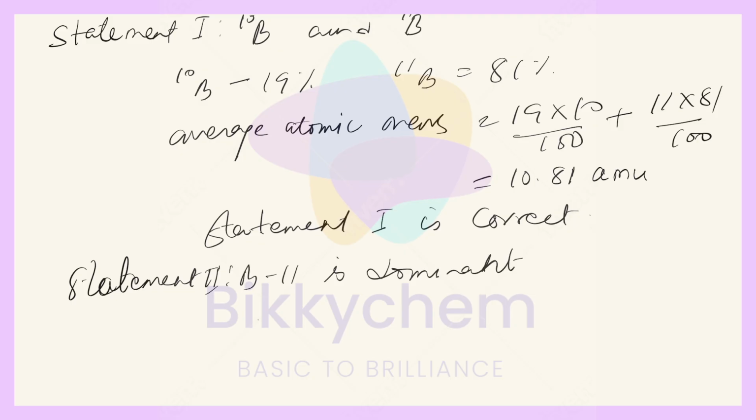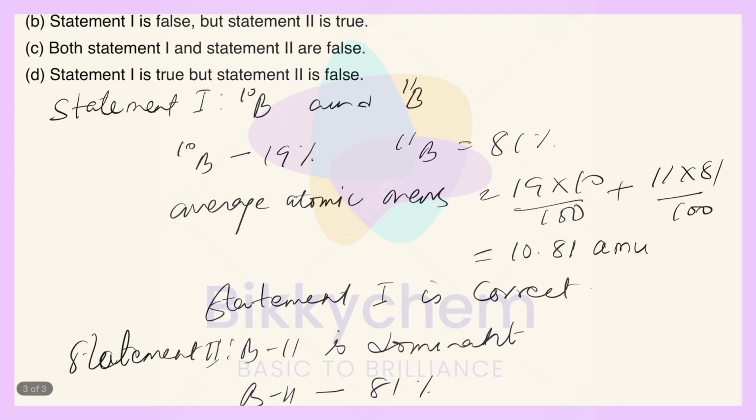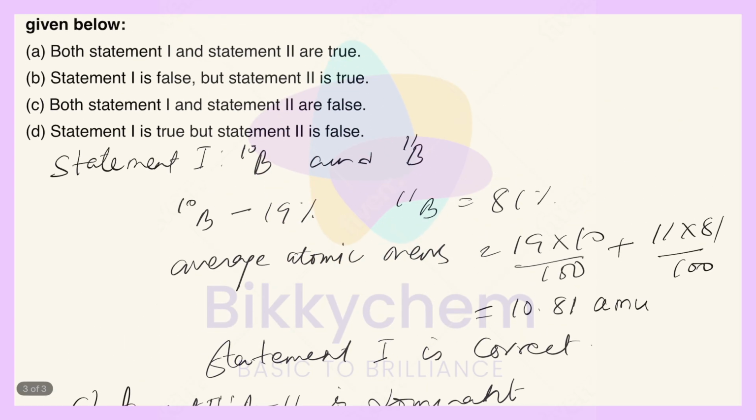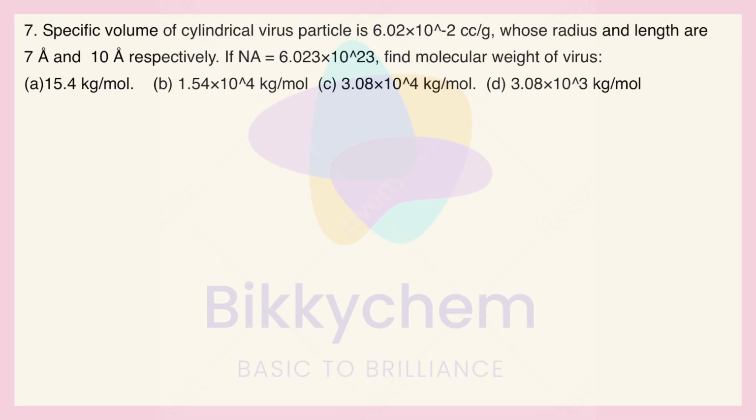That is also correct because boron 11 exists as 81% in the earth's crust. So the second statement is also correct. So option A is the correct one, because A says that both statement 1 and statement 2 are correct.